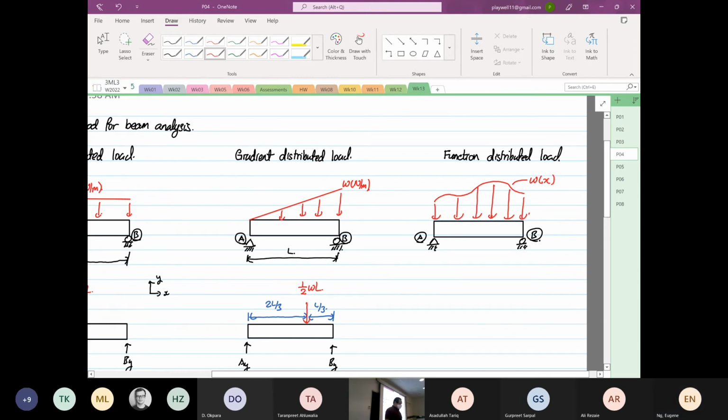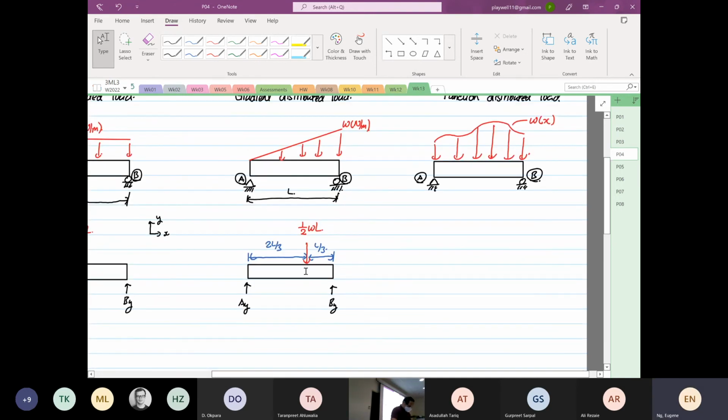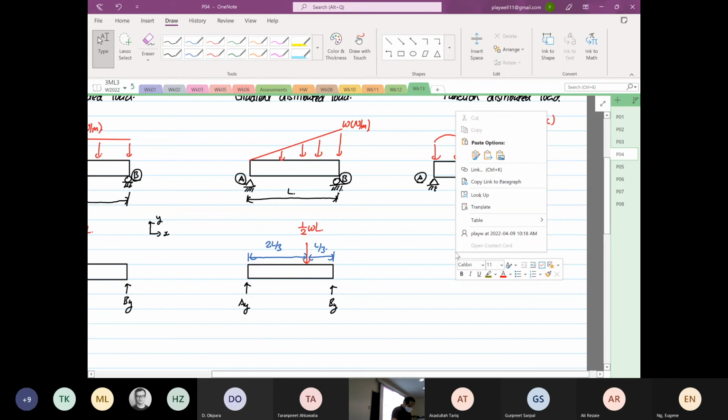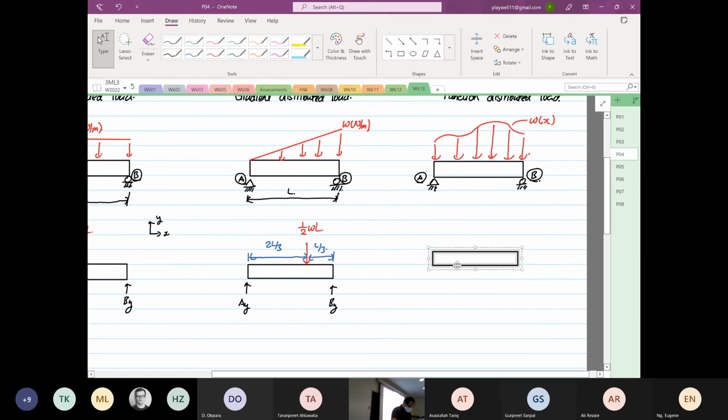Right? Now the question is this. Can someone tell me what the equivalent load is? Or not easy, but what is the equivalent load? And what is this distance, when we want to find AY and BY?